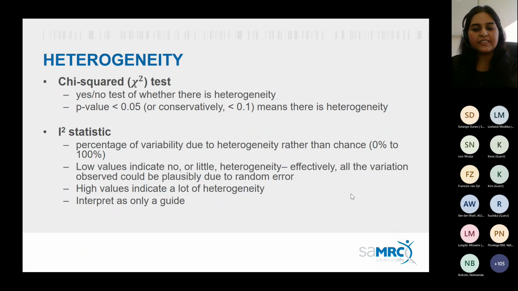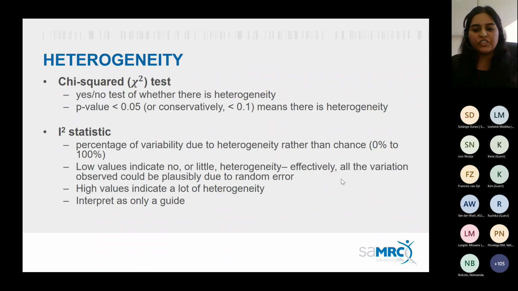A more useful statistic is the I-squared statistic. So it's a percentage of the variability due to heterogeneity rather than to chance. So low values indicate no or little heterogeneity, and high values indicate a lot of heterogeneity. And roughly speaking, values above 75% represent high heterogeneity.